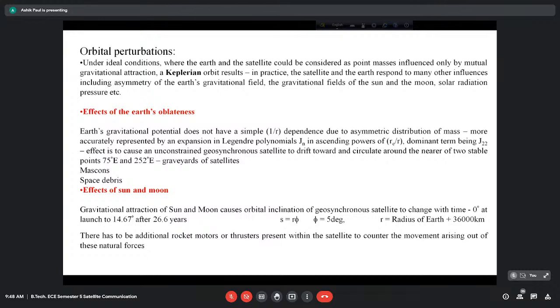These thrusters or rocket motors actually provide the satellite with some kind of maneuverability. That means something is getting tilted, so you apply a rocket motor or a thruster which applies some force in the reverse direction so that the satellite could counter this movement which is arising out of these natural forces.